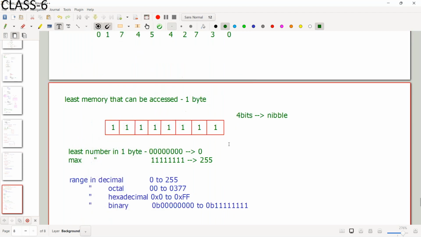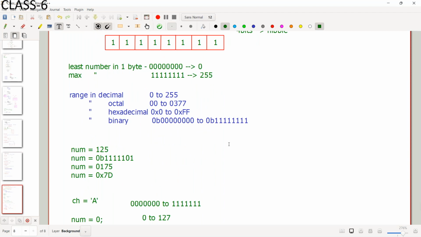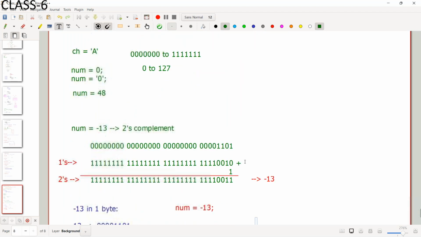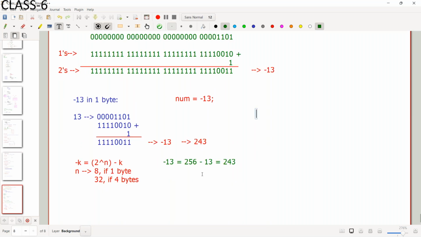This is what we have seen today, the different conversions, what data can be stored inside 1 byte, and how the numbers are getting stored. If that's a positive number, direct conversion will happen, and the binary representation is stored in a maximum of 32 bits. If that is a negative number, it will always be converted to the 2's complement of the positive number, and only then it will get stored inside the memory. This is what we have seen today.